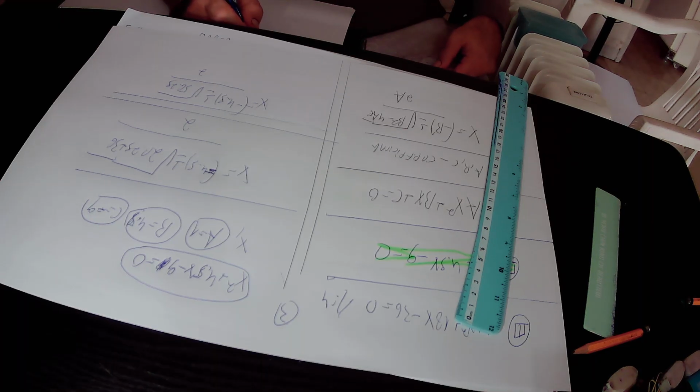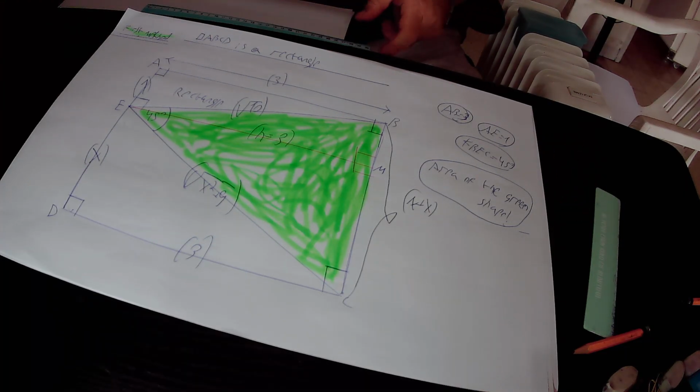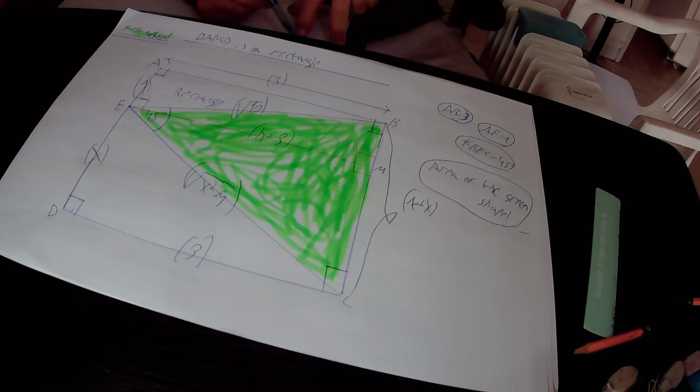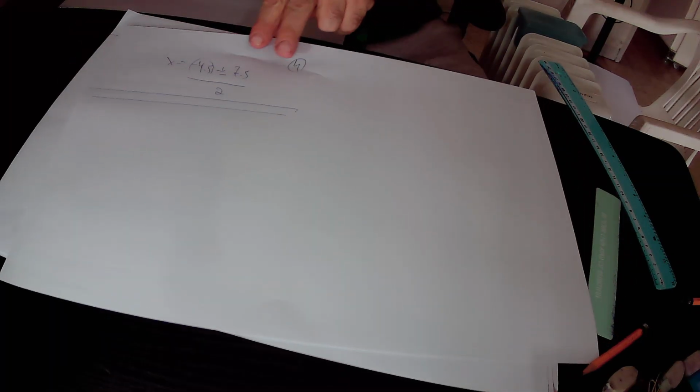So x equals minus 4.5 plus minus, and the square root of 56.25 is 7.5, divided by 2. In total, x equals minus 4.5 plus minus 7.5 divided by 2.